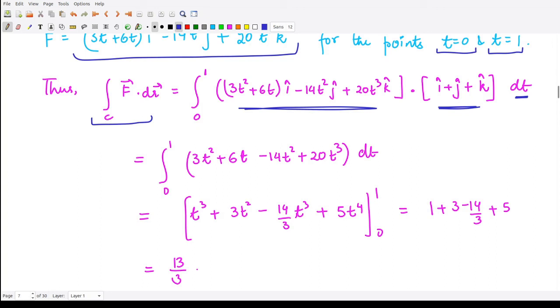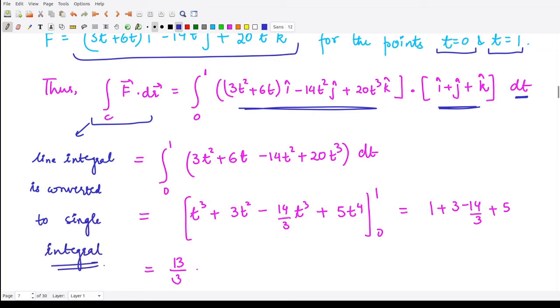So you have converted your line integral to a single integral, as we do for real variables in one variable. So this becomes equal to this integration.